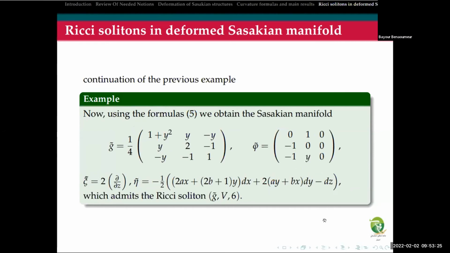Now, using formula 5, we obtain the Sasakian manifold g tilde, phi bar tilde, xi tilde, and eta tilde, which admits the Ricci soliton (g tilde, V, 6).